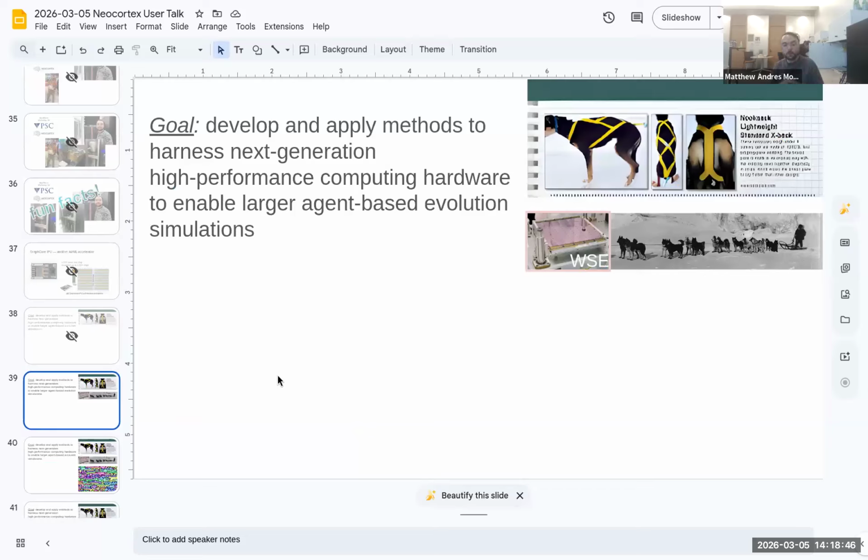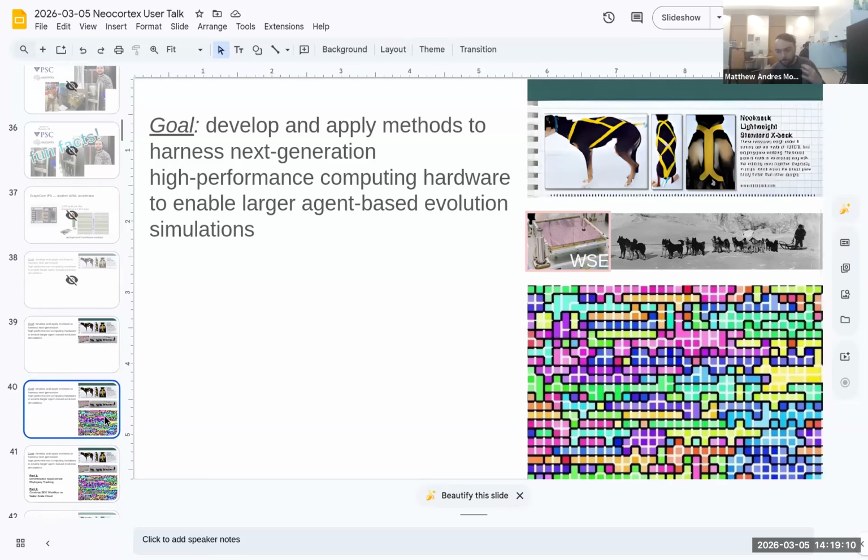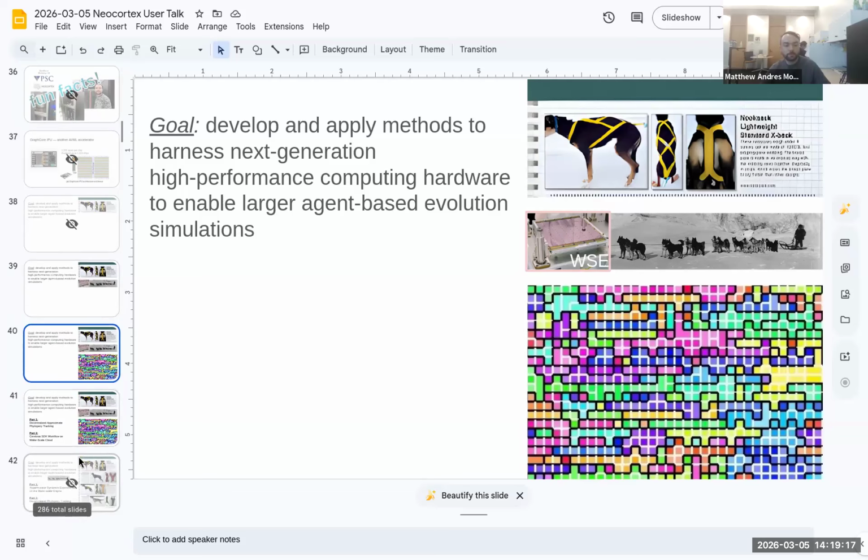So the goal for this talk will be to go over the methods and algorithm development that I've been working on to figure out how to harness this type of next generation high performance computing with this emerging sled dog design pattern, in order to do larger scale evolution experiments and bring new types of questions within the scope of experimental simulation-based approaches.